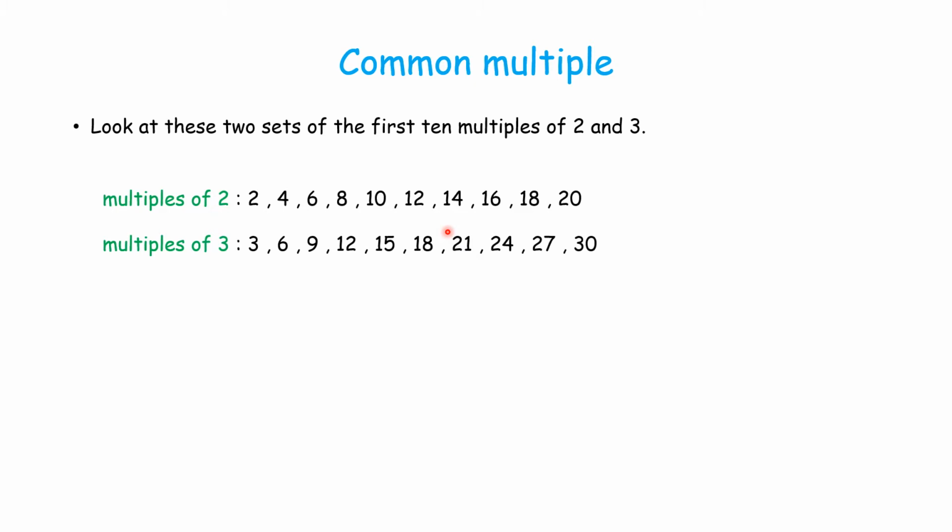Now we have to identify the common multiples here. Let's see which are the common multiples here. Okay, 2 is here, but there is not any 2 here because 2 is not a multiple of 3. So the first common multiple is 6. After 6, what is the next common multiple? 18.